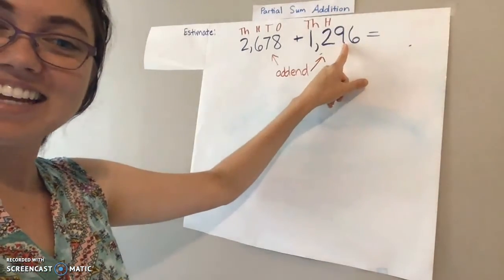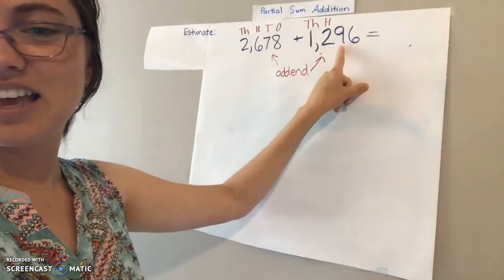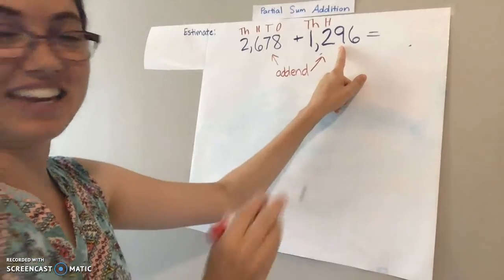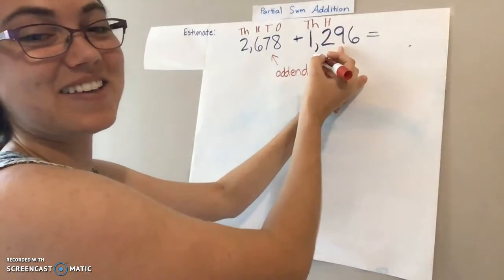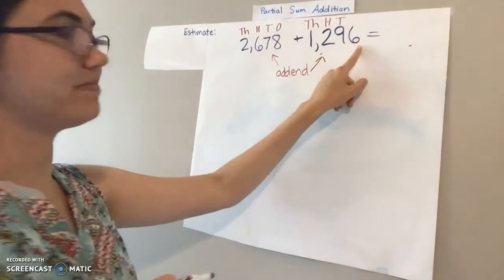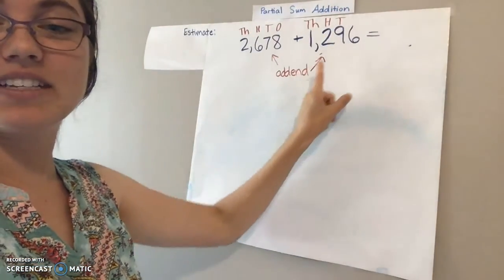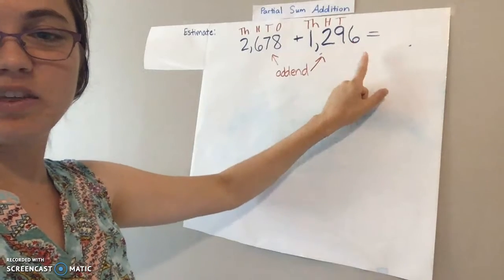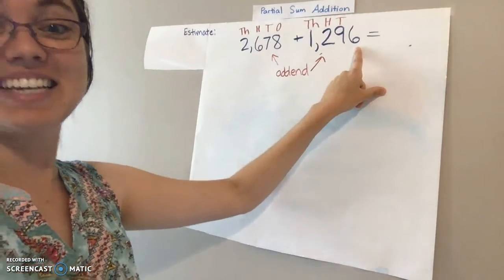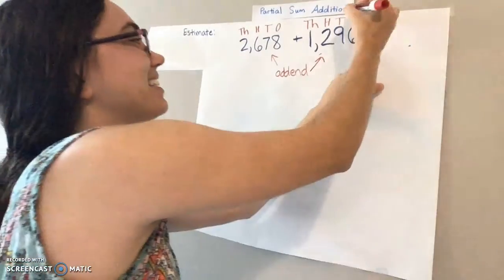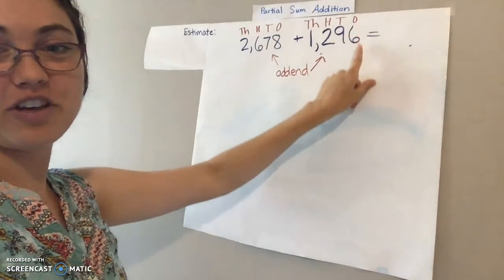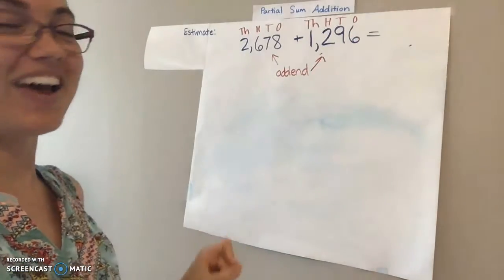What about our tens? We've got a 9 there, so that must mean we have 9 tens, which is the value of 90. And finally, in our second addend, the ones place has a 6, which means we have how many ones? 6 ones. O, the letter O for my ones place.